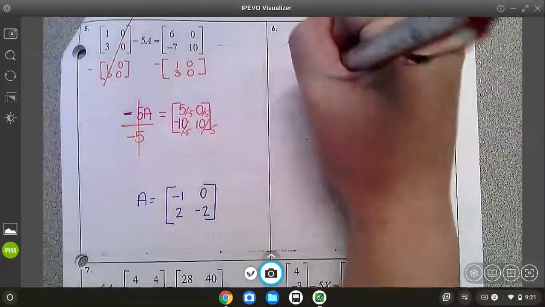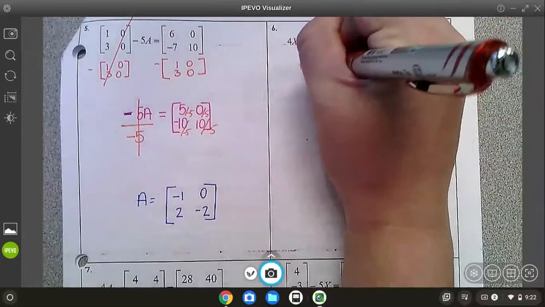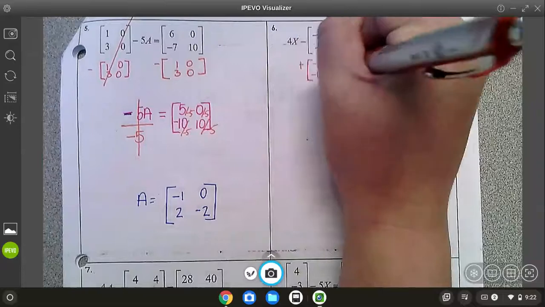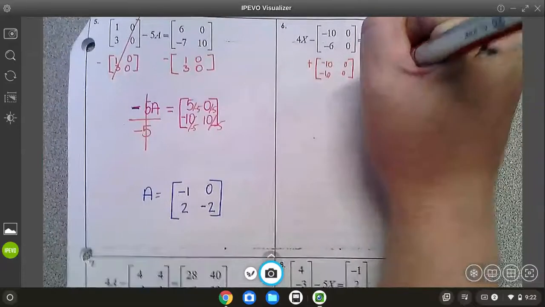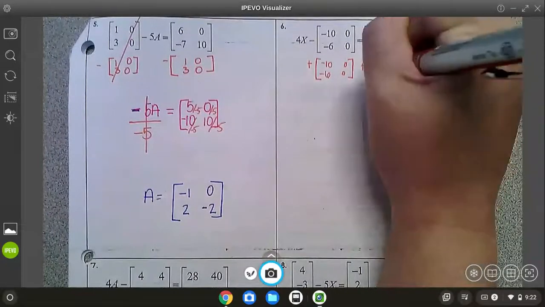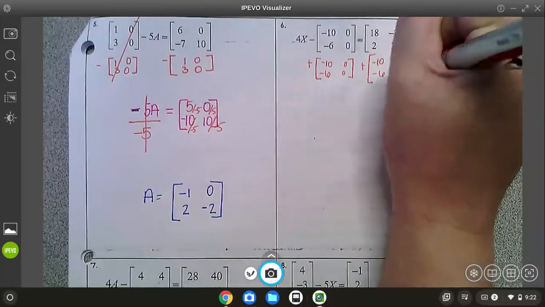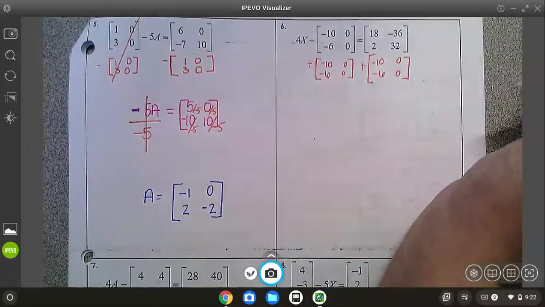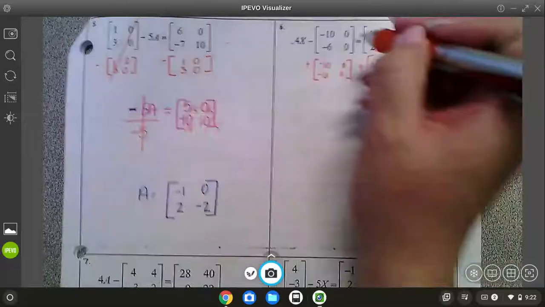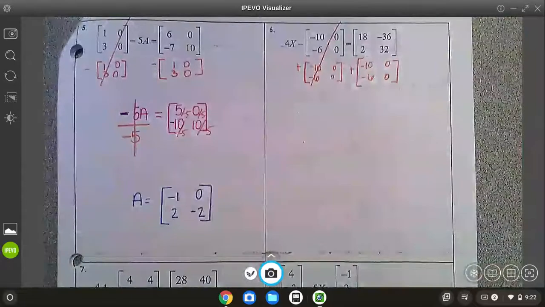So we're going to add this matrix to both sides. So these here on the left will cancel.